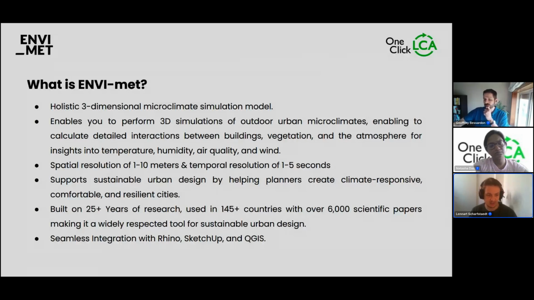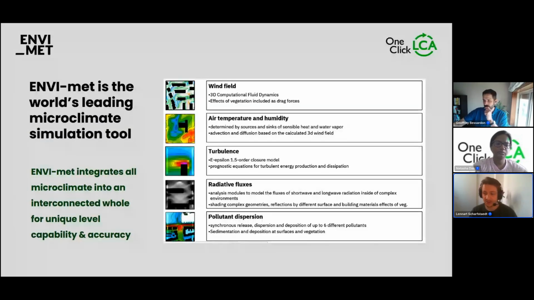So that's some bullet points in general about ENVI-met. And the main points of what is being simulated with the tool is, on the one hand, and pretty important, we have a full 3D computational fluid dynamics model working in the model. So we can calculate the wind field in urban spaces.